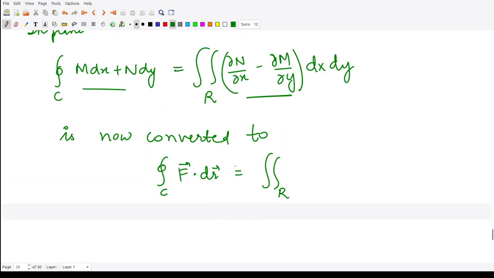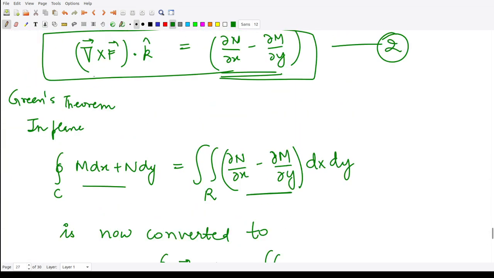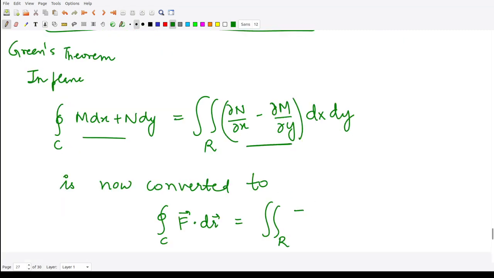So we have this quantity as this one: del cross f dot k into dr. Instead of dx dy I can now write dr. Actually dr is your dx dy only. This is just for the writing purpose.